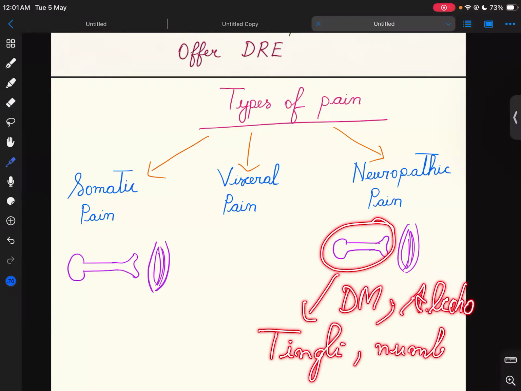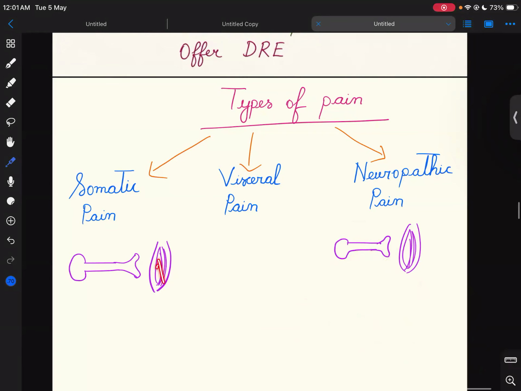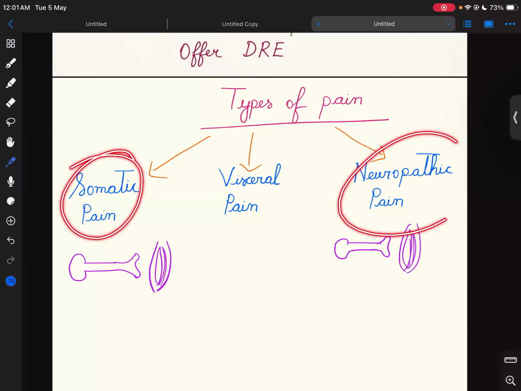This is not going to be any localized pain. This type of pain is called neuropathic pain. Here the pathology is inside the nerve, not inside the muscle. But in case of somatic pain, the pathology is inside the muscle, not inside the nerve, and we can pinpoint and localize the site of pain. So this goes for somatic pain and neuropathic pain.